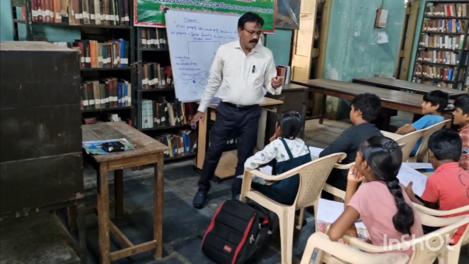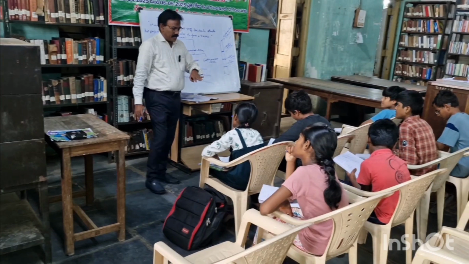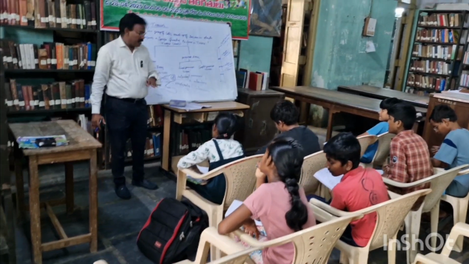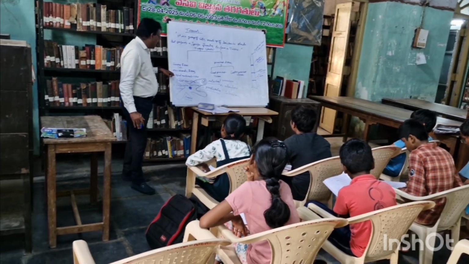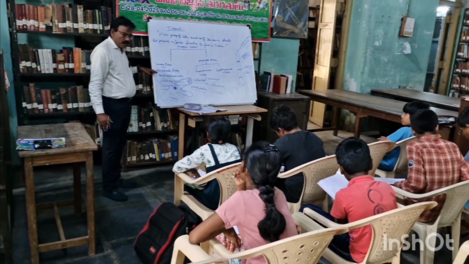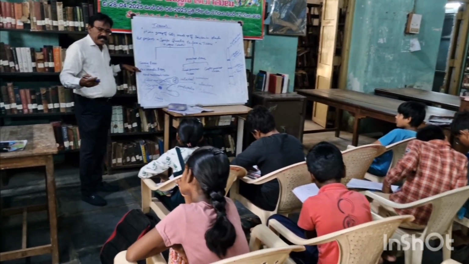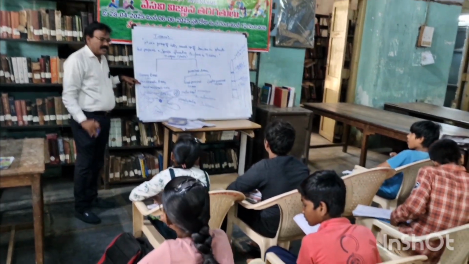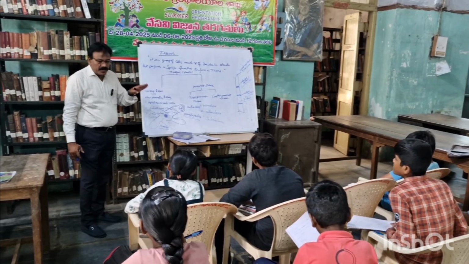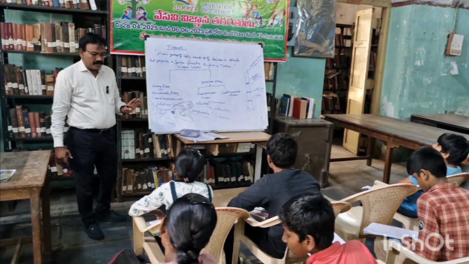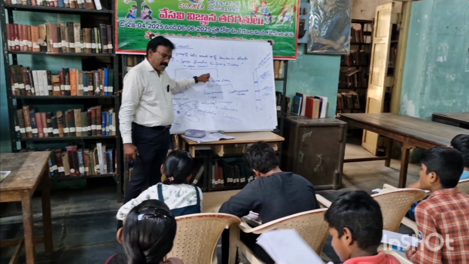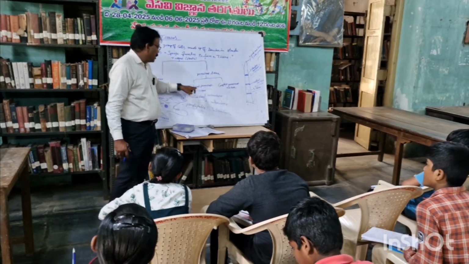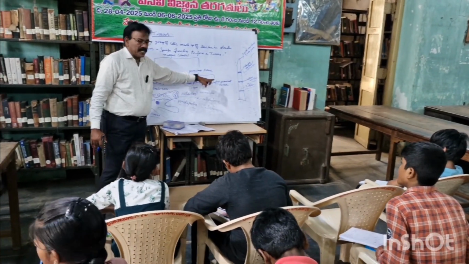Understand my point? When its role is over, these meristematic tissue slowly differentiate as matured cells and become permanent cells. So permanent tissues are of two types: simple permanent tissue, complex permanent.